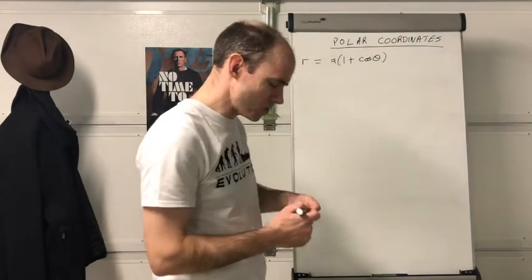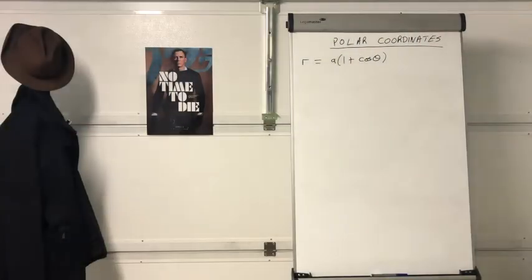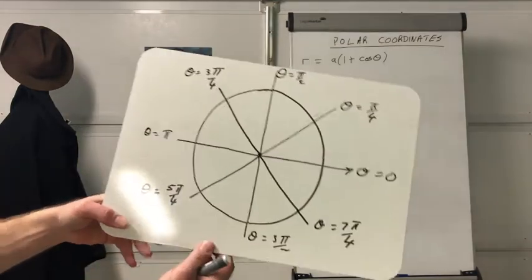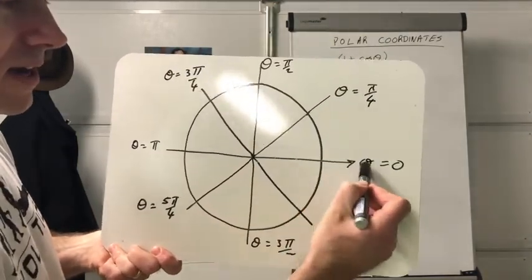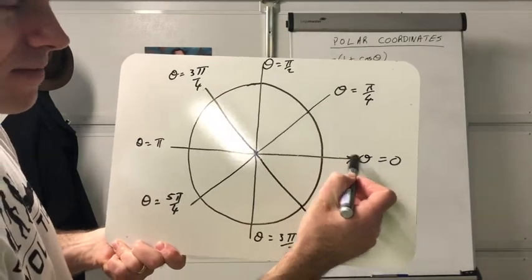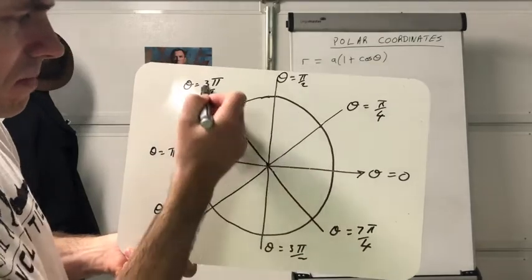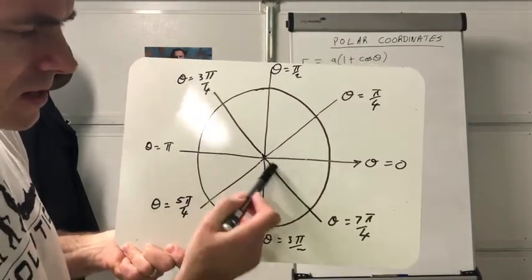Well, this is where I'm going to show you what a polar coordinate template looks like. Here it is. Ta-da! Isn't that fascinating? All right, so you've got the pole here and the initial line there, theta is 0, and then you've got various angles for theta. Pi over 4, pi over 2, 3 pi over 4, pi, 5 pi over 4, 3 pi over 2, 7 pi over 4, and so on.